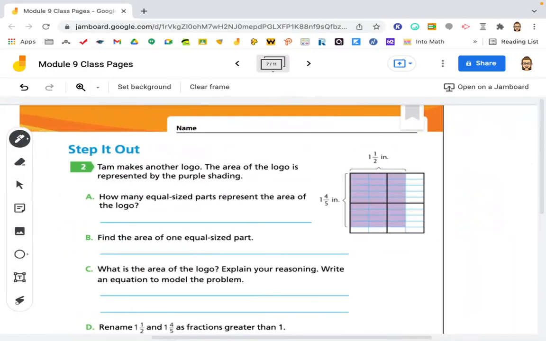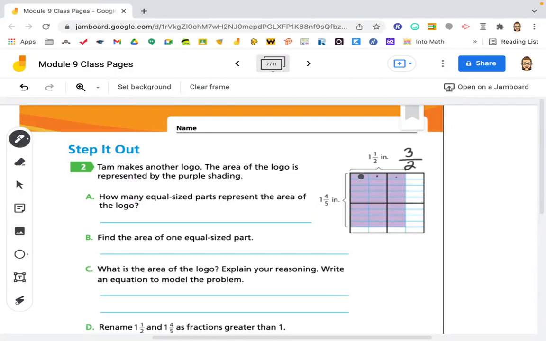So Tam makes another logo. The area of the logo is represented by the purple shading. How many equal-sized parts represent the area of the logo? Well, if we count across here, we have 1, 2, 3. So we would have 3 halves.